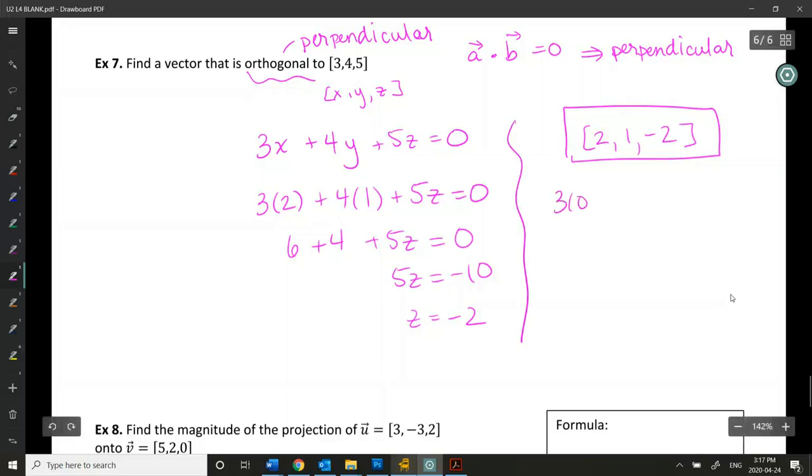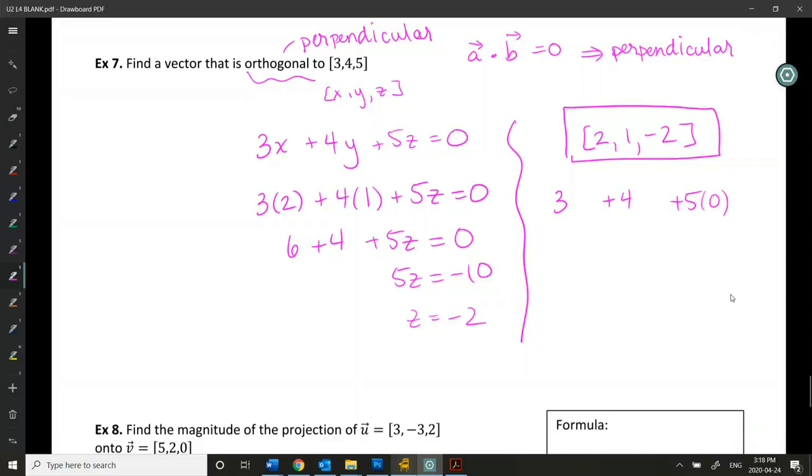Another thing that you can do here is if I set y and x equal to 0 and just solve for... oh no, sorry, that's not going to work. I can't choose z equal to 0 because then I'm going to have an issue with only having the 0 vector.